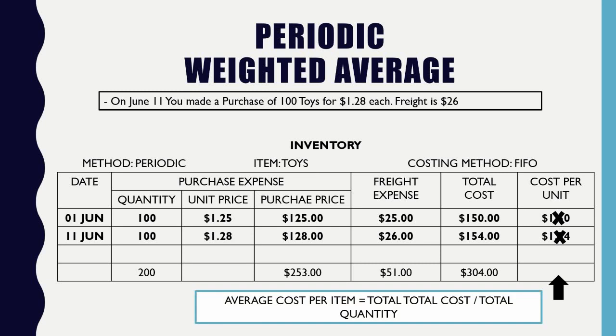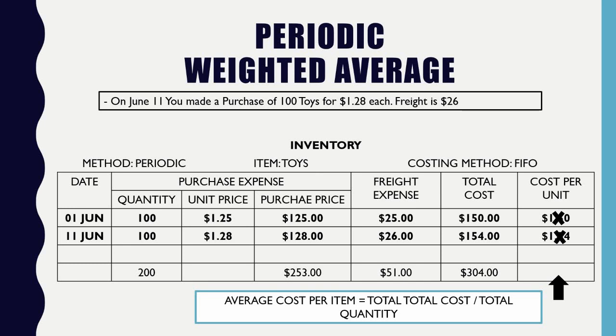So in this case, tally up your totals since we reached the end of our accounting period. I have a total of 200 units costing $253 with a freight of $51, giving me a grand total of $304.